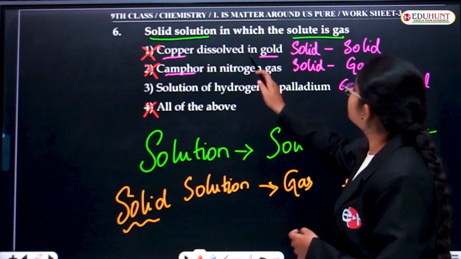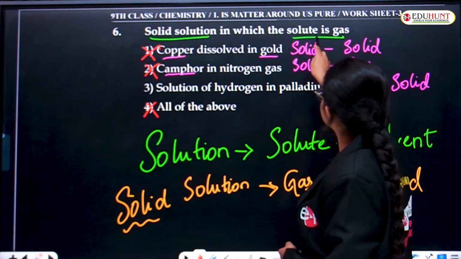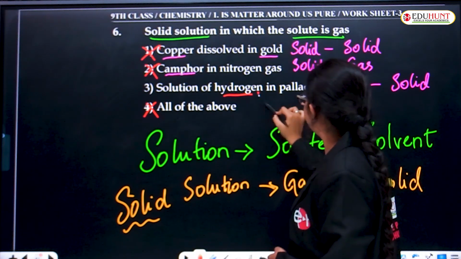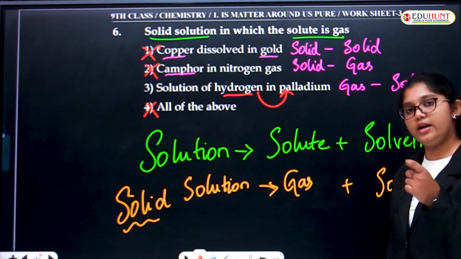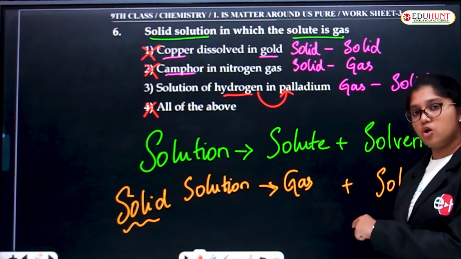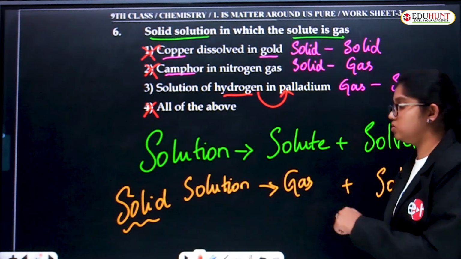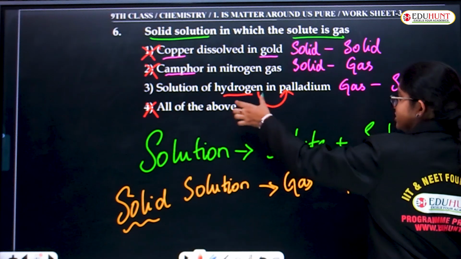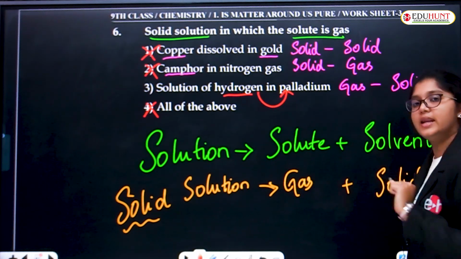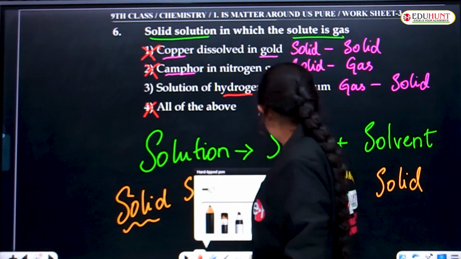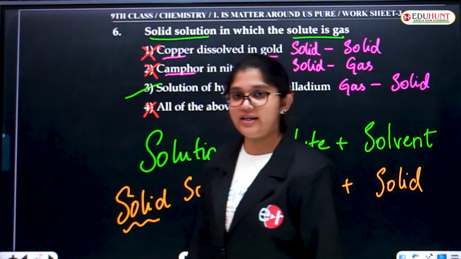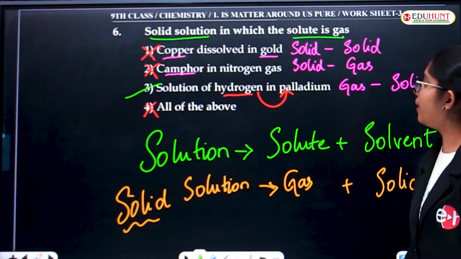They are asking us for a solid solution in which the solute is gas, that is, hydrogen in palladium. Hydrogen is the solute in the solvent, we mix the solute in the solvent. So solute is gas, which is nothing but hydrogen, and solid is palladium. Okay, now the right option is option 3. Okay, clear children? Yeah, move to next bit.